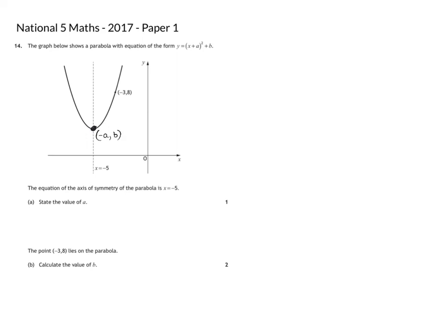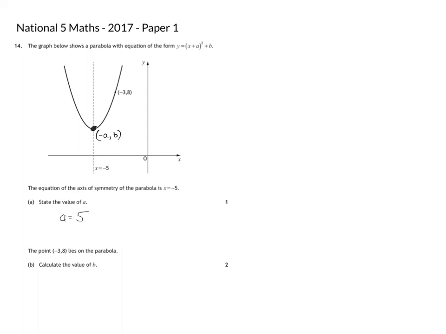So whatever value our x value is, the negative of that goes into our bracket and our b value is there. So we can say, if we know our axis of symmetry is negative 5, that in fact is telling us that the x value of the turning point's coordinate is negative 5, which tells us that a in this case is going to be 5.